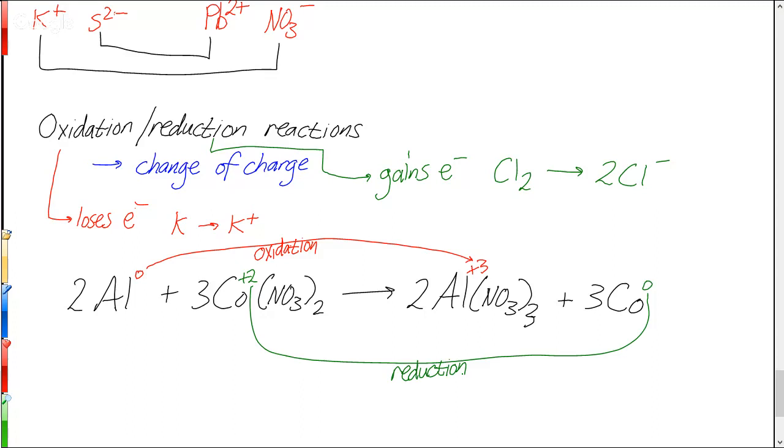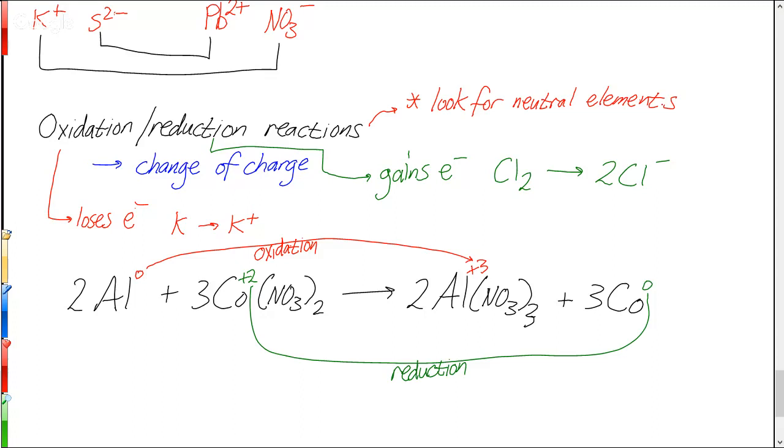The key to look for is to try to find neutral elements. If you have a reaction where something is all by itself on one side, then it's virtually certain that that's going to be an oxidation-reduction reaction. That's your clue to look for that.